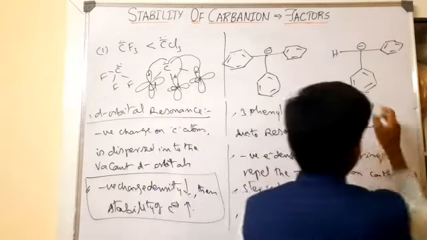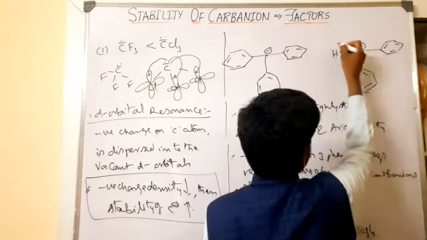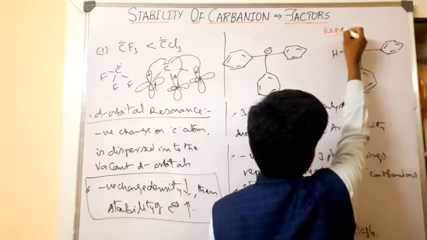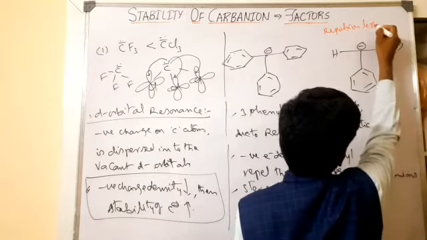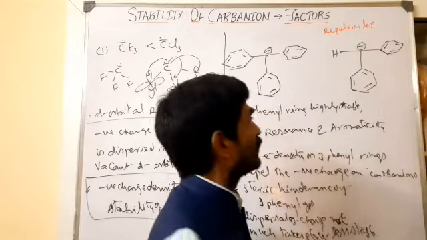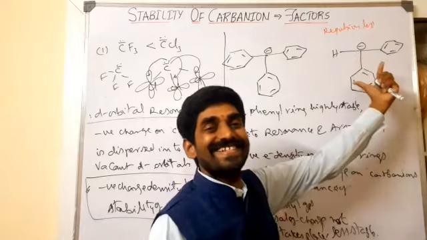So here the repulsion strength is less. Repulsions are less, and also the steric hindrance: here with three groups steric hindrance is more, with two groups steric hindrance is less, right.